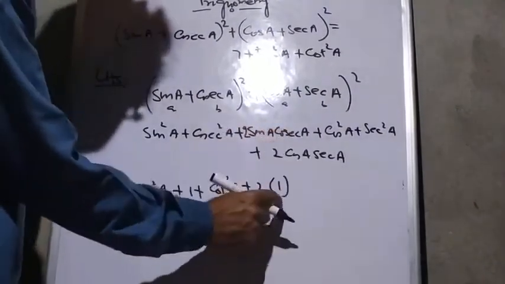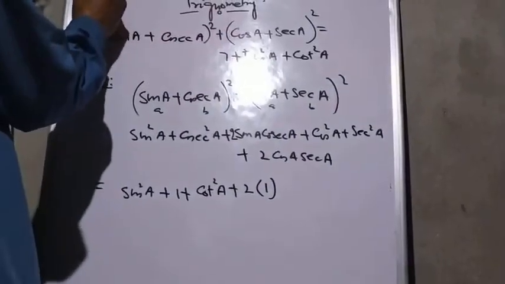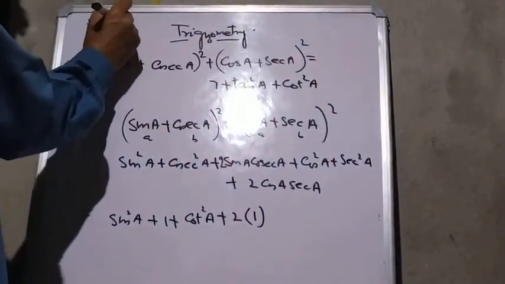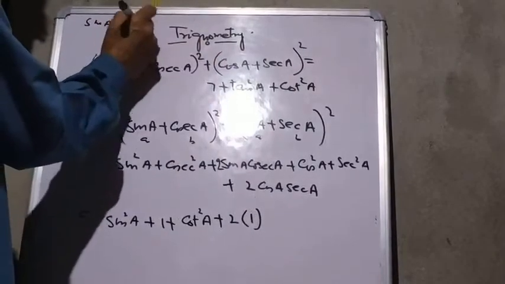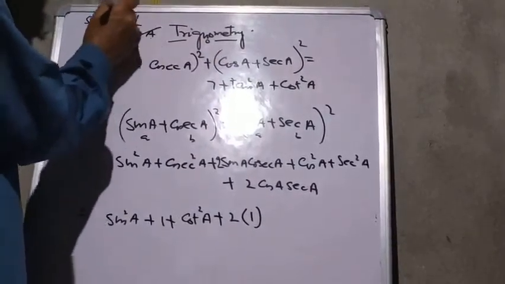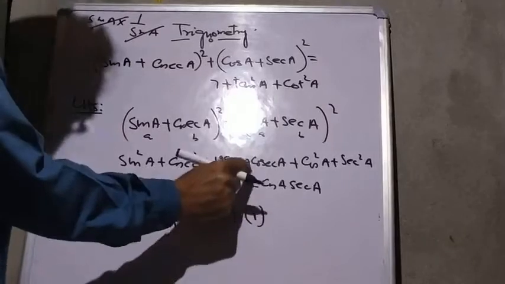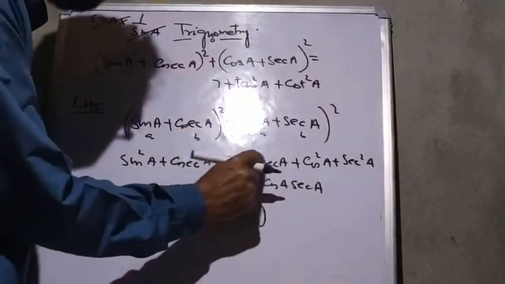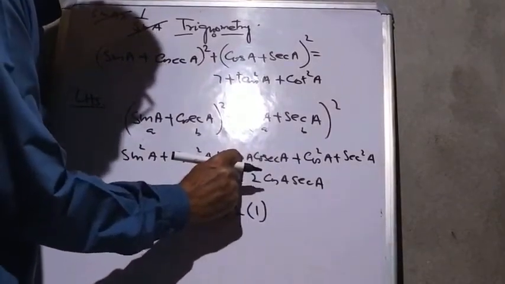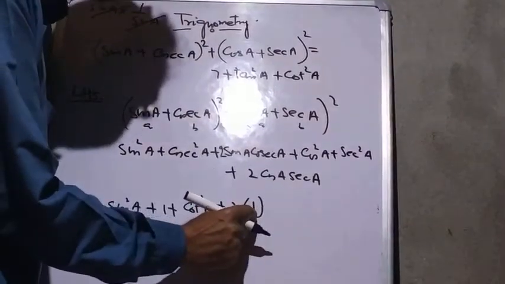We can write sin A into 1 by sin A, sin and sin will go, we are left with 1. So this is 2 into 1, as sin A is multiplied to its reciprocal and the result is 1.